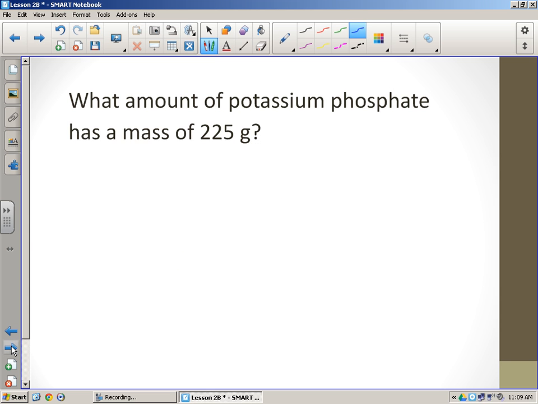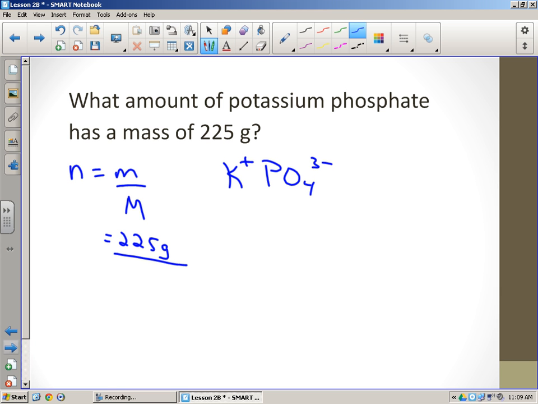All right. So, for example, what amount of potassium phosphate has a mass of 225 grams? What amount? A mass of 225 grams. Grams would go here. Molar mass would go down there. Potassium phosphate. K is a 1 plus. Phosphate, of course, is a 3 minus. Okay, so swap and drop.